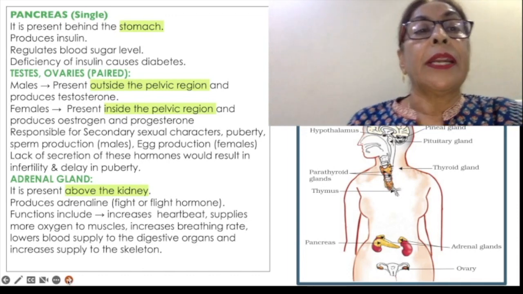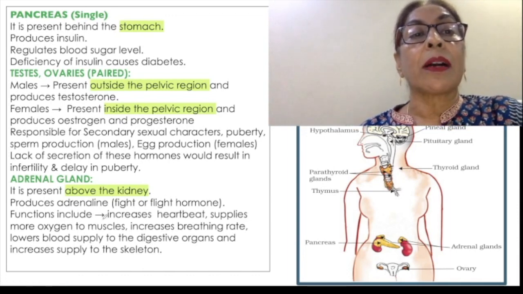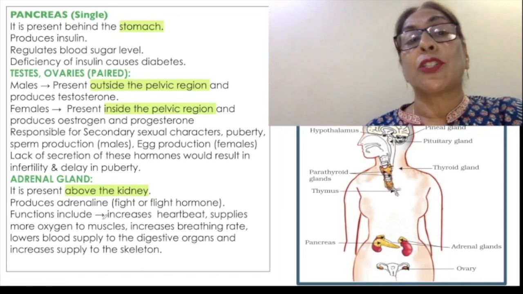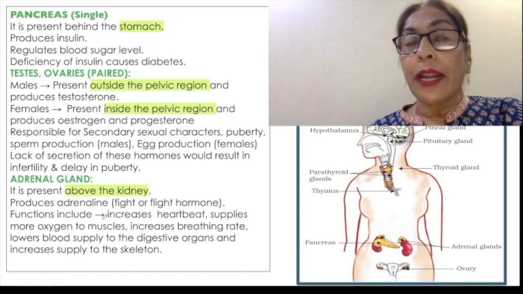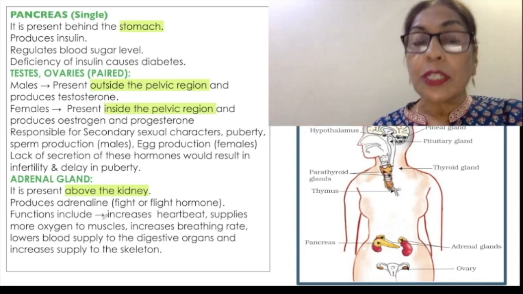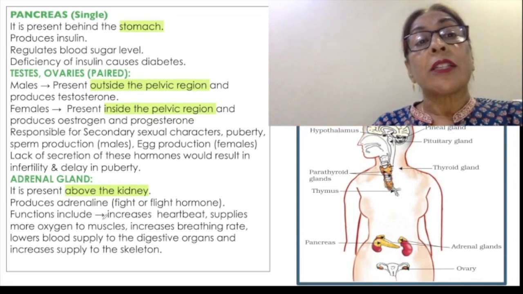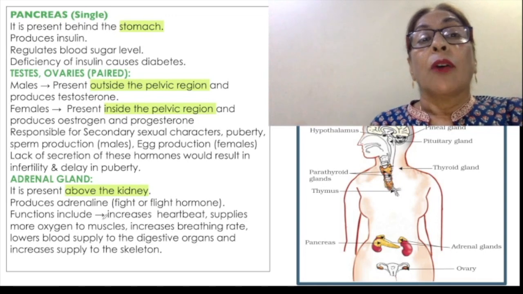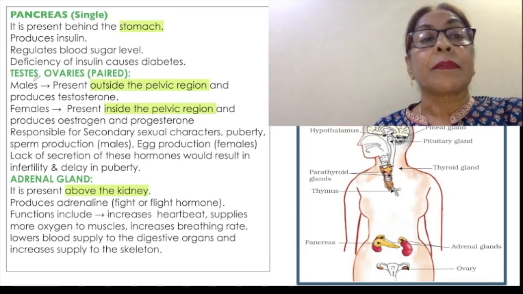Pancreas. It is present behind the stomach. It produces insulin hormone, which regulates the blood sugar level. If blood sugar is not regulated, it causes the diabetes disease.